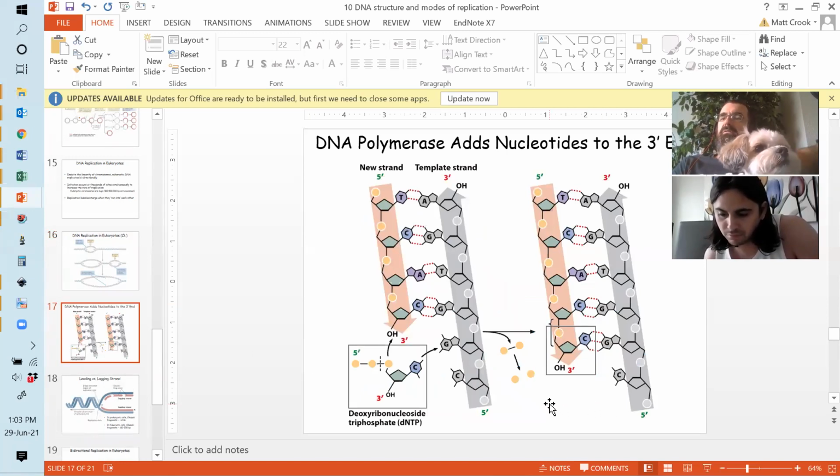So again, just to reiterate, new nucleoside gets added to the 3' end. That phosphodiester bond gets formed using the energy in the diphosphate that gets released.